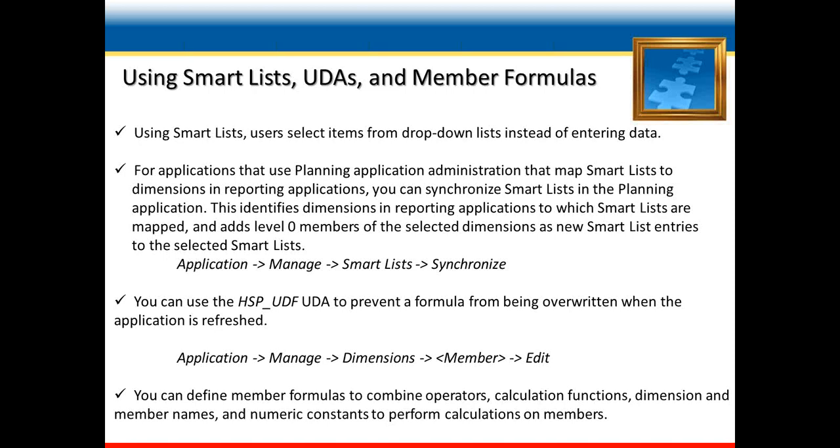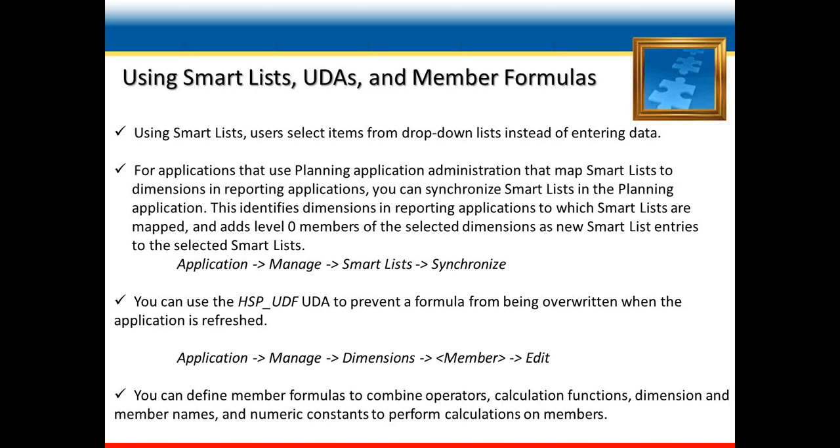This is a feature in planning wherein the planner or end user can select different values from a drop-down, which is nothing but a smart list. It gets partially stored in the relational database, and the numeric value gets passed to the Essbase side.